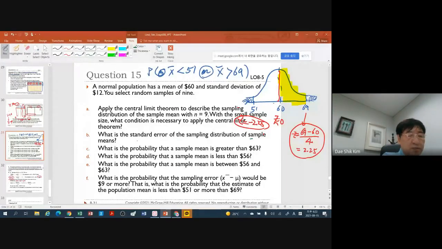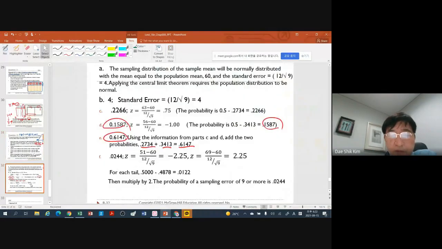You need to go to the normal distribution table, 2.25. You need to read from the 4878.